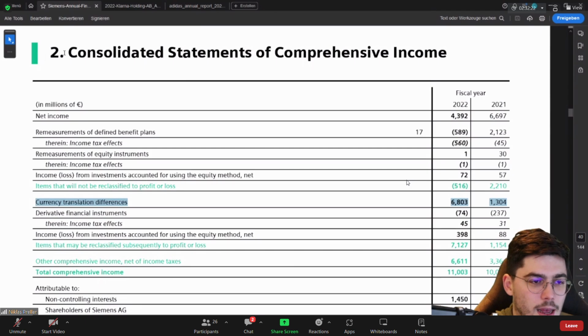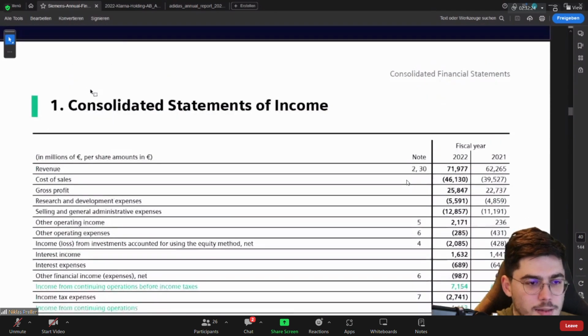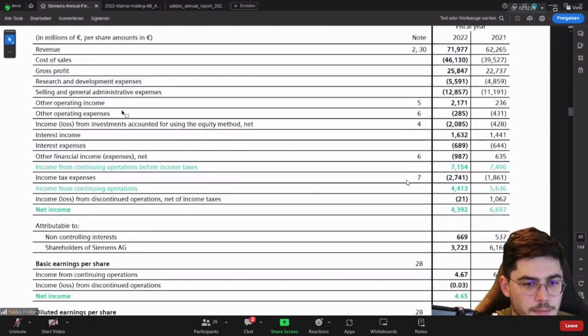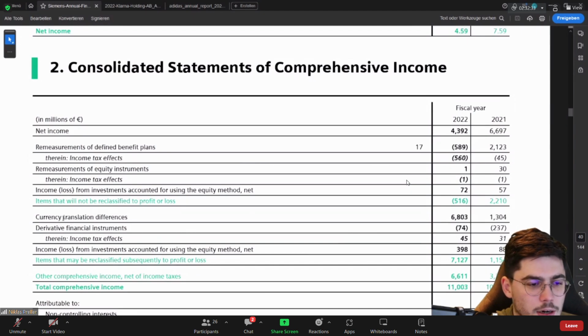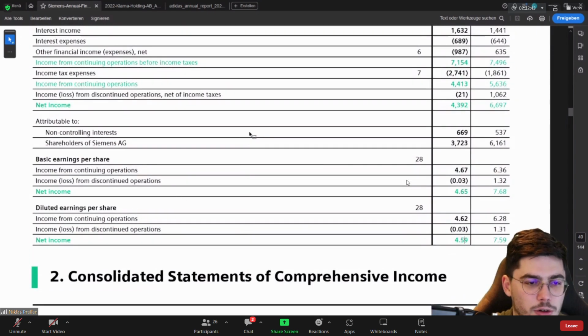This is separate from the statement of income. We have a net income shown here, and the currency translation differences are not part of that income, because it's not really warranted by our operational business, and we only want to show really the operations on here.